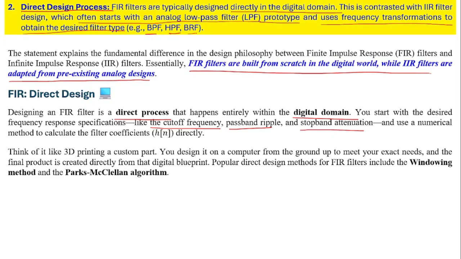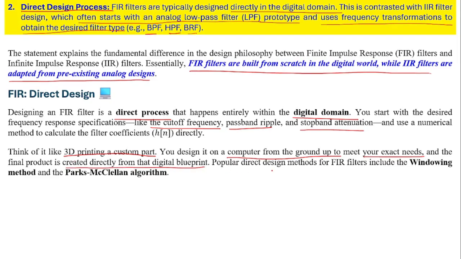Okay, you can think of it just like 3D printing a custom part. What we do in 3D printing is design it on a computer from the ground up to meet our exact needs, and the final product is created directly from the digital blueprint.